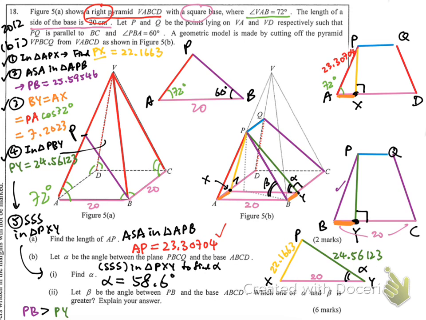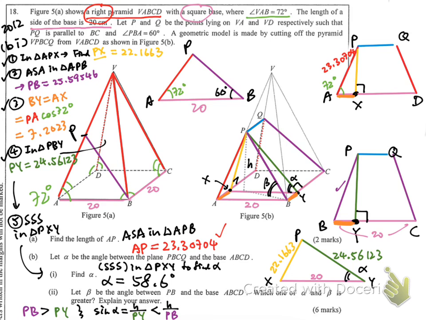And what else do we know? We know that sine alpha will be the height divided by PY, the height being the height of the point P, this H. So sine alpha will be H divided by PY, which will be smaller than H divided by PB, because PB is longer.